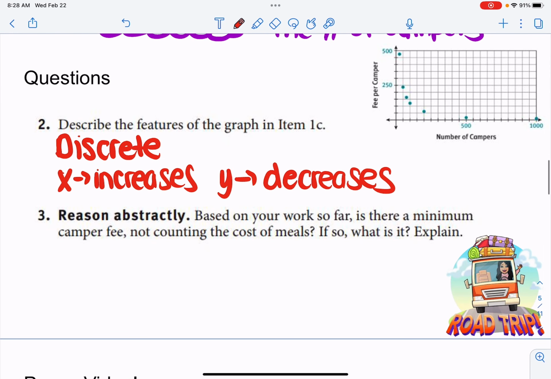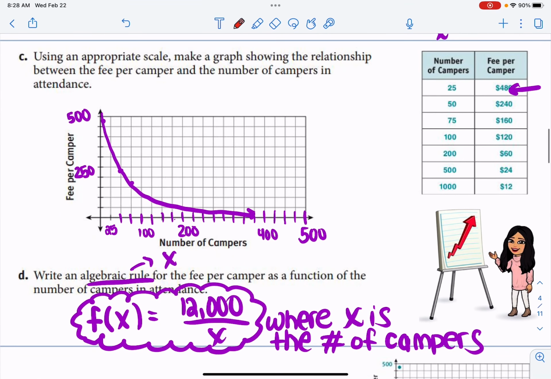And then it says, based on your work so far, is there a minimum camp fee not counting the cost of meals? If so, explain. If we were to look at, let's say 500, what I would see is that towards 500 you're approaching 0, so that's why I'm choosing 500.